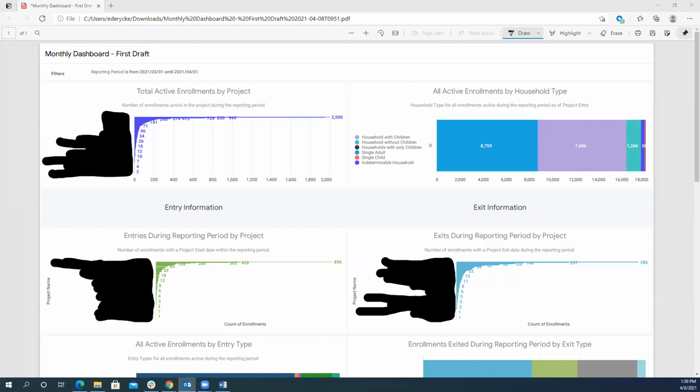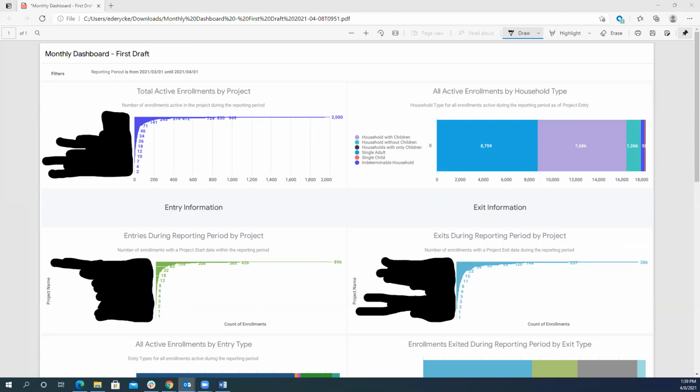I mean, as with everything, I think some things are going to be more relevant than others to each agency and to each project.